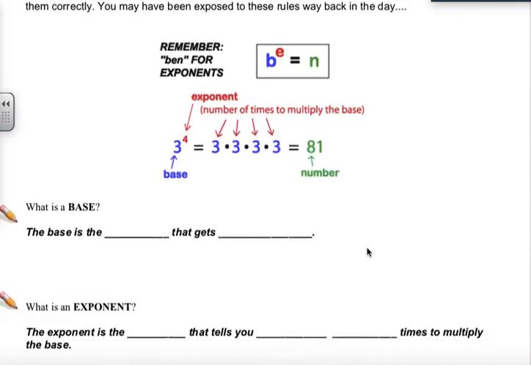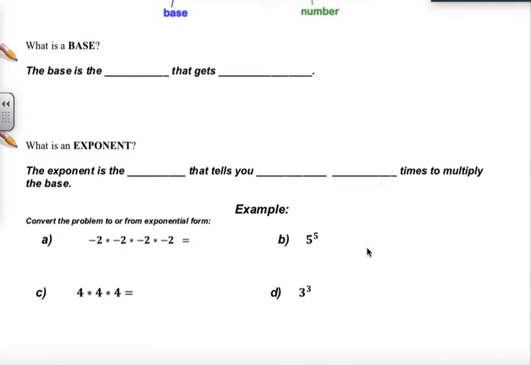What is a base? So the base is the number that gets multiplied. Whereas the exponent is the number that tells you how many times to multiply the base.